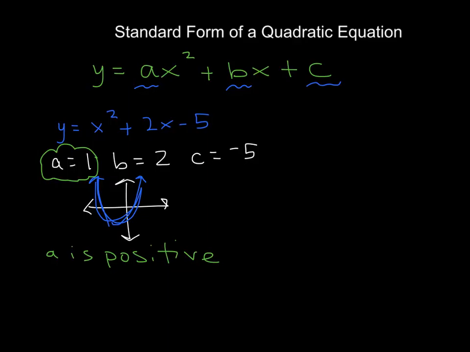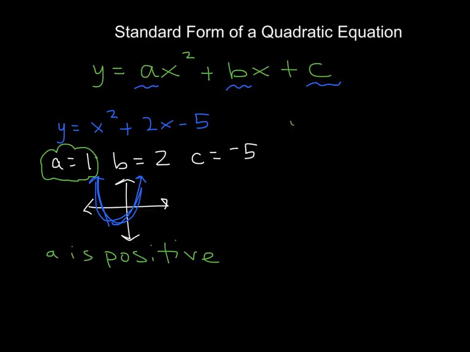If a is negative, it's going to open down. And I said, if a is positive, positive people smile. So your parabola opens up like a smile. And if a is negative, then you're going to frown, or your parabola is going to open in a downward motion.